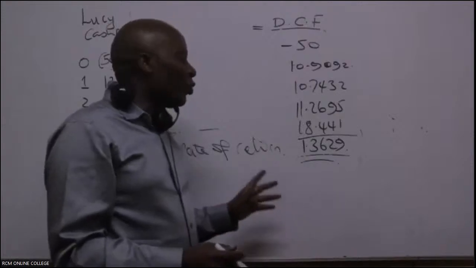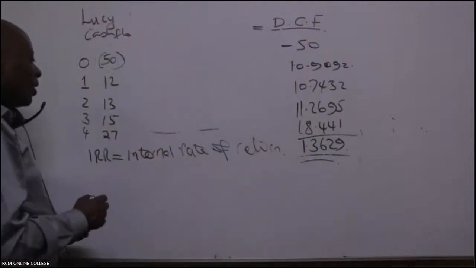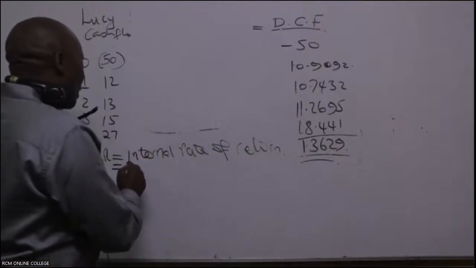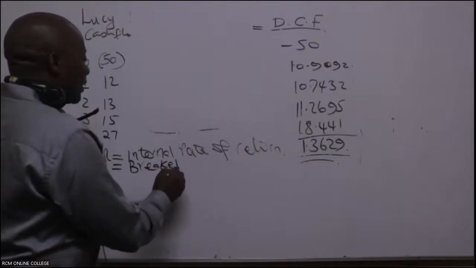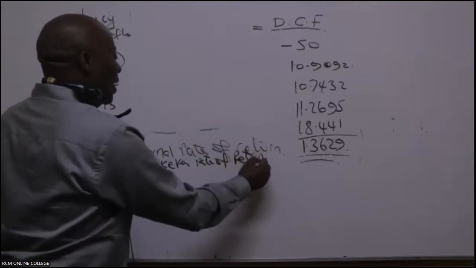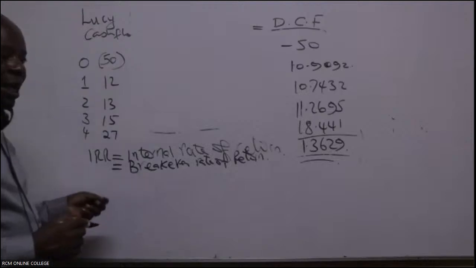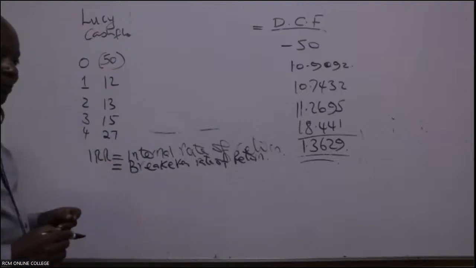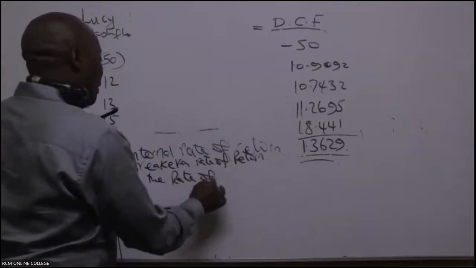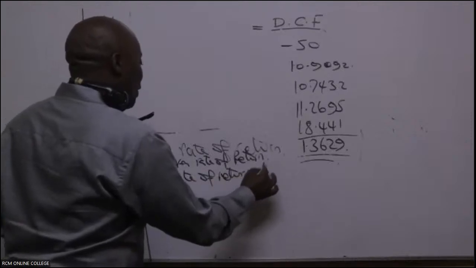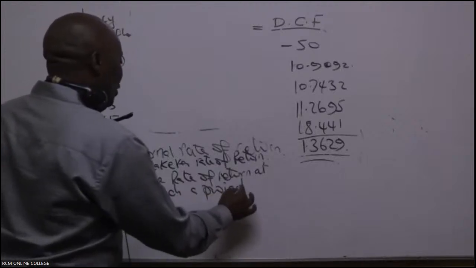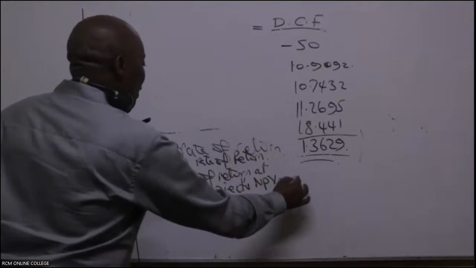Great. So then I would want to take you back to this IRR. Remember, IRR, this internal rate of return, is also known as the break-even rate of return, i.e., the rate of return at which a project's NPV equals 0.